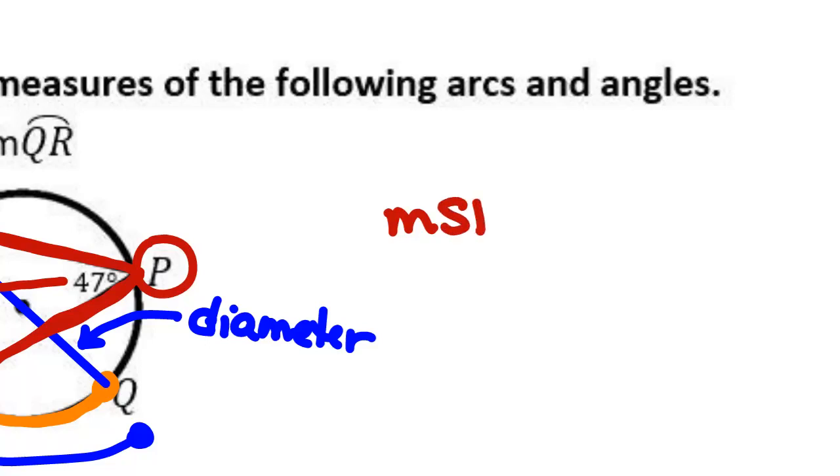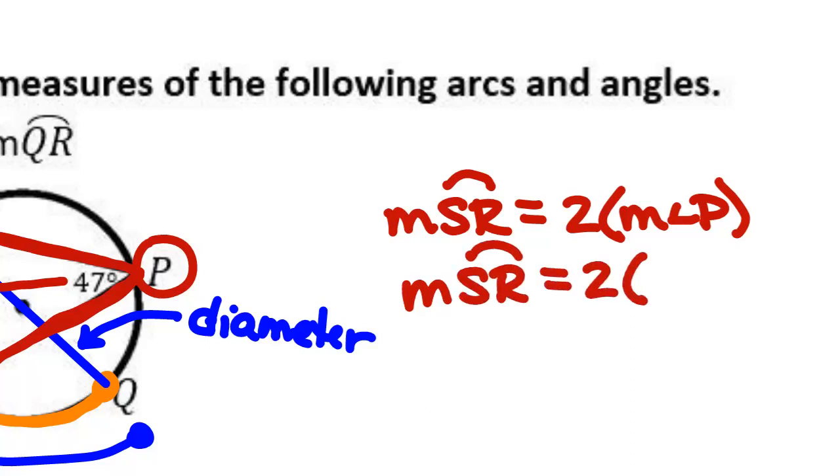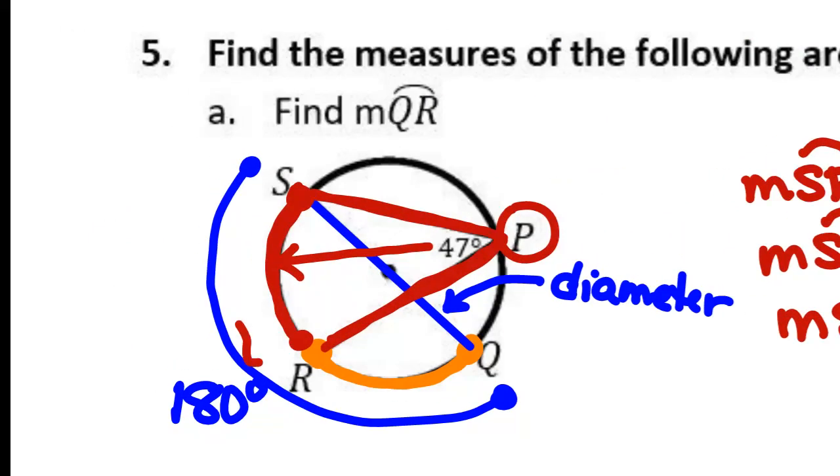So the measurement of arc SR is 2 times the measurement of angle P. And angle P is how big? 47 degrees. So I have 2 times 47 degrees. What is 2 times 47 degrees? You said 94 degrees. All right, so I'm going to add that to my picture over here. This is 94 degrees.